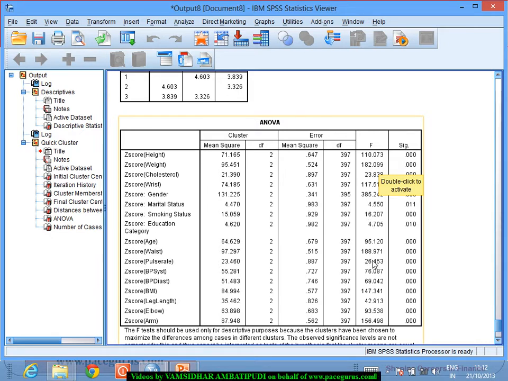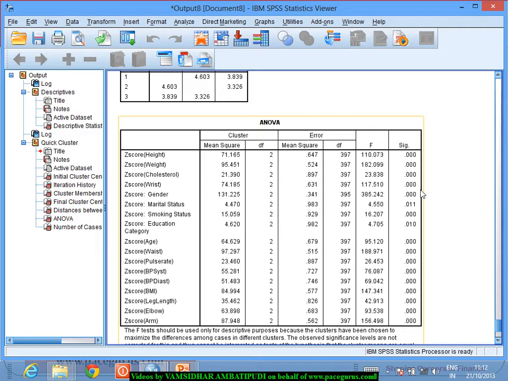Even the pulse rates are not extremely different across the various cluster groups, and marital statuses are not that different across the three groups. Education levels are not that significant. Only probably gender is very significant. Then probably the Z scores. Though on a statistical significance basis all of them have significant values, the most important thing for us to look at is which of these variables provide very good separation between the clusters.